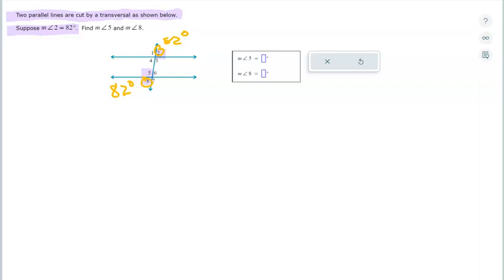And then another thing I want to note is I see that angle 8 and angle 5 form a line. They go along the transversal, which means they add up to 180. So what that means is angle 8 plus angle 5 equals 180.